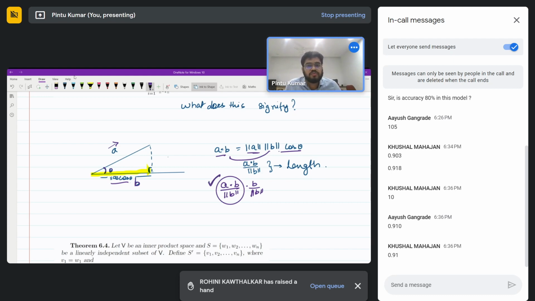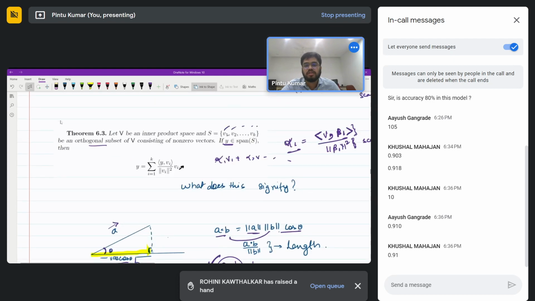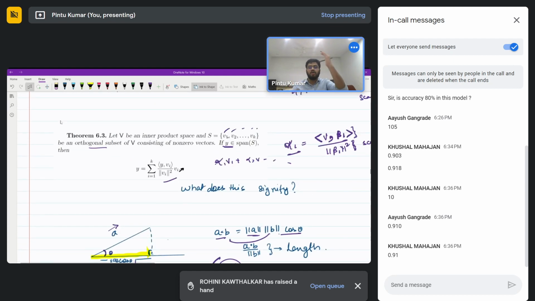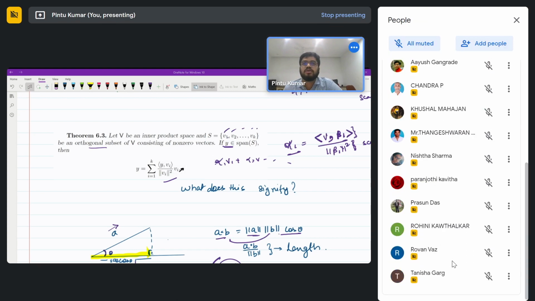When we are talking about direction, we consider only the unit vector in that direction. So this is how they have derived that they take the projection along every orthogonal vector and then sum it up. This is the idea behind using an orthogonal basis set.